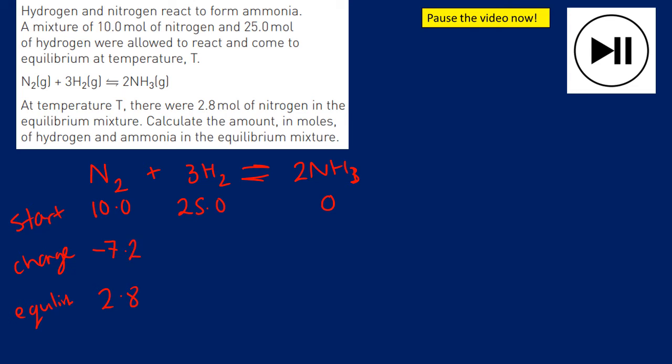So what will happen is this will go down by 7.2 times 3, and this will go up by 7.2 times 2. So we have 14.4 here, and if we do 25 take away 7.2 times 3, we'll have 3.4 here.